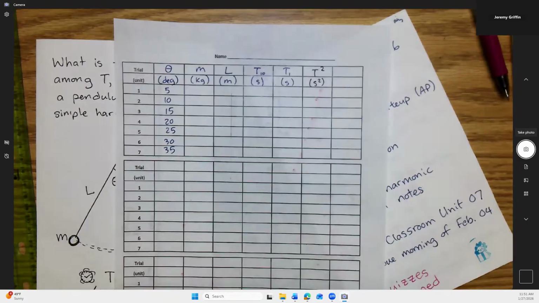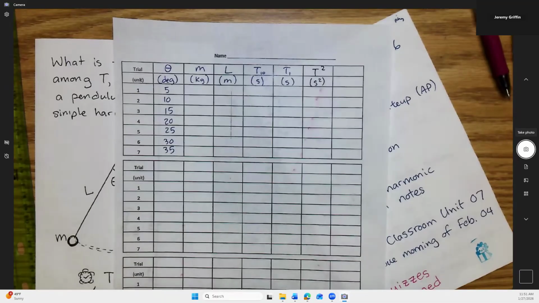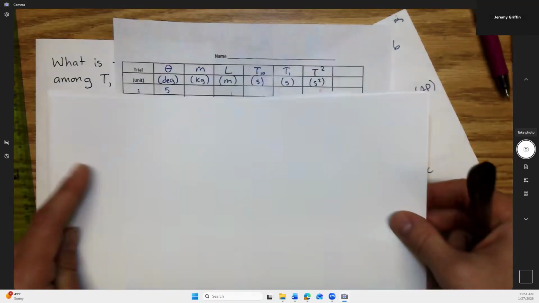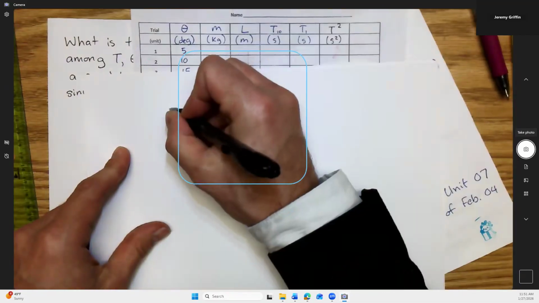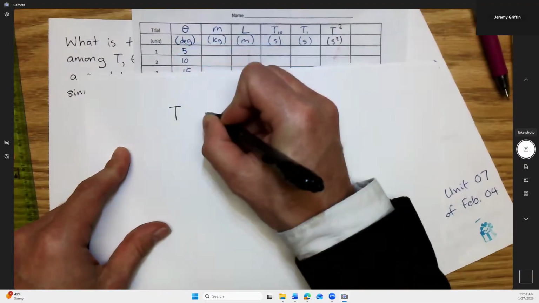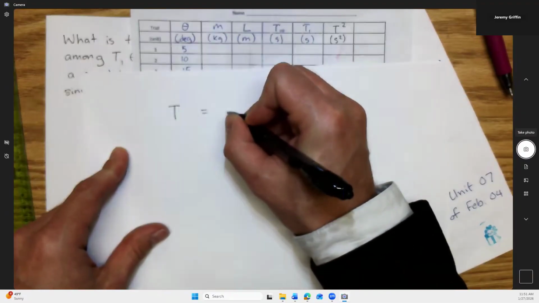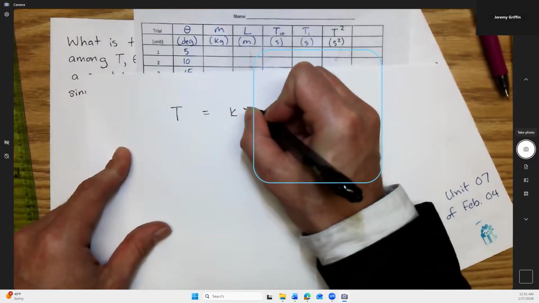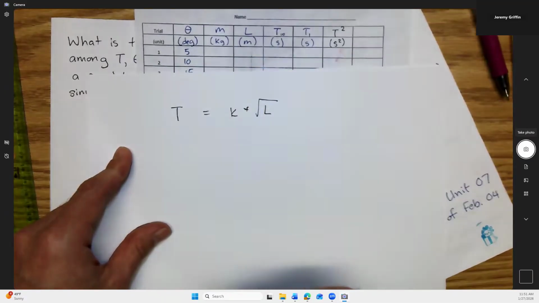While you're doing that, for the video here, I'll remind you what we're about to be doing. The last graph we got says time period is some constant times the square root of L, or at least it looks like it's probably that.